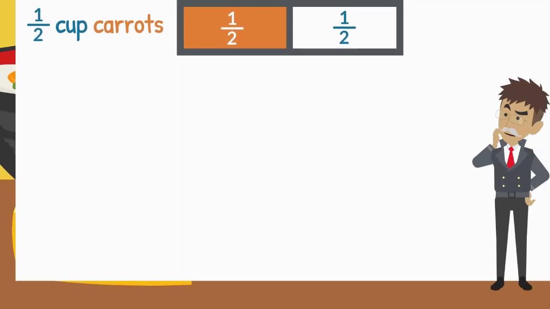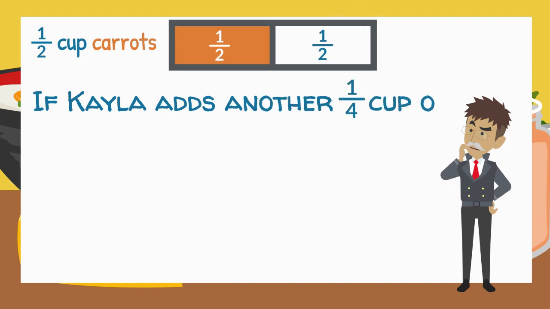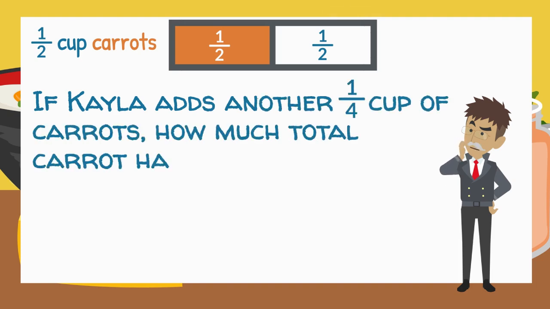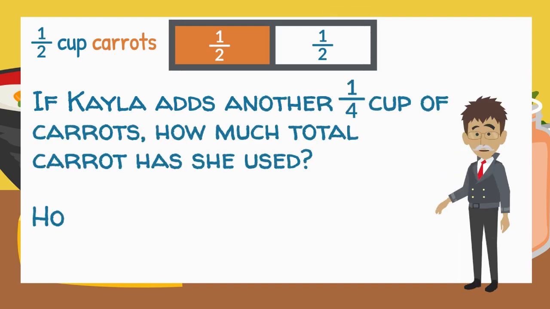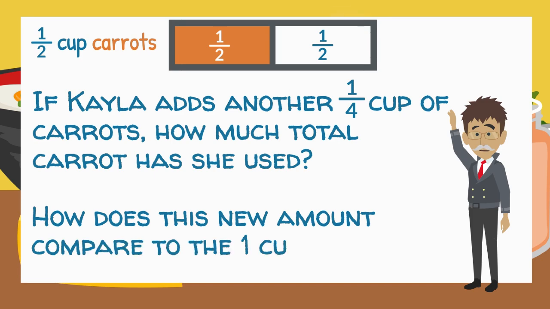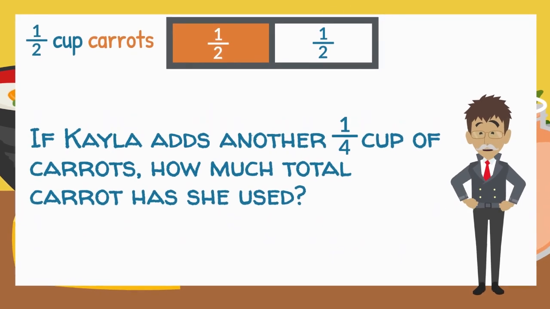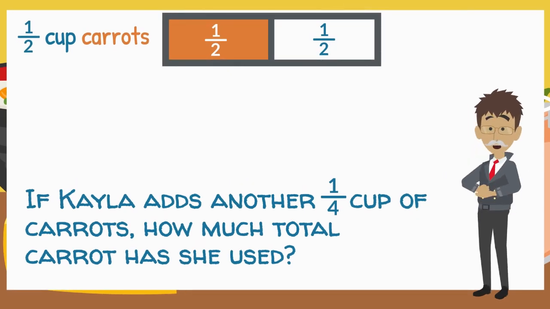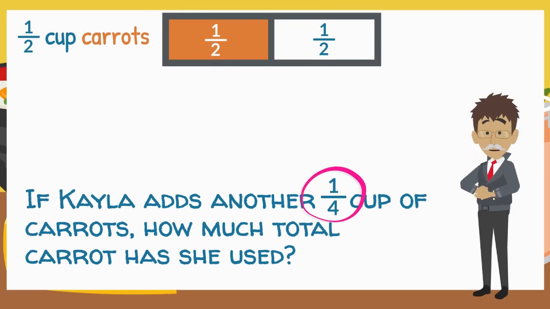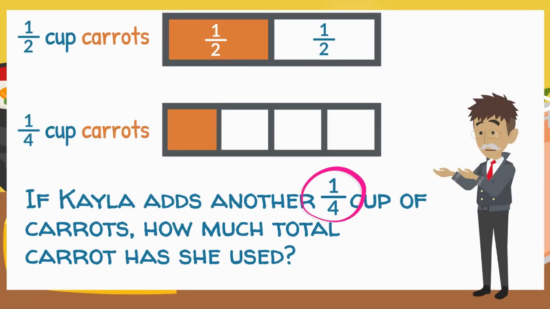If Kayla decided to add another 1/4 cup of carrots, how much total carrot has she used now? How does this new amount compare to the 1 cup required? Kayla started with a 1/2 cup of carrots. However, to add an additional 1/4 cup, we need to understand the measurements using the same sizes.